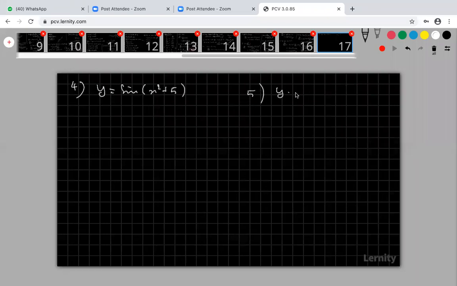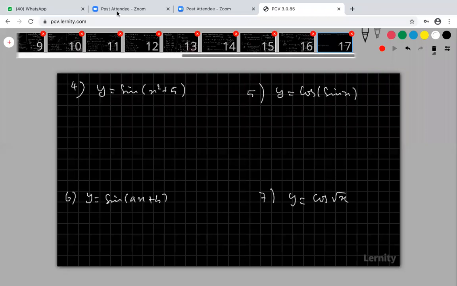What is the differentiation? Find the derivative of this. Y is equal to cos of sine x. Find the dy by dx for all these problems, 4 problems. Try.